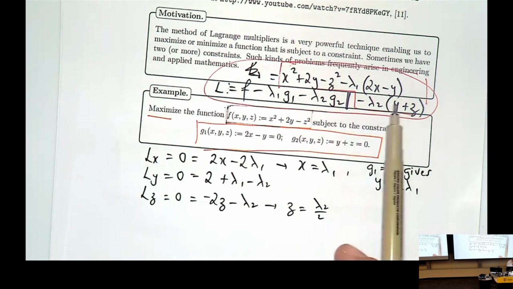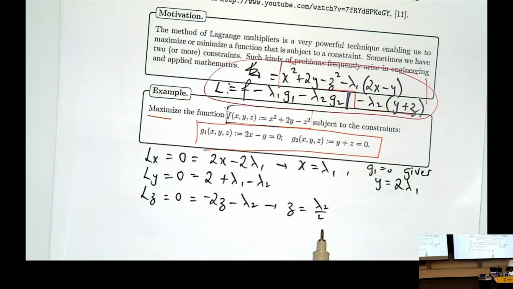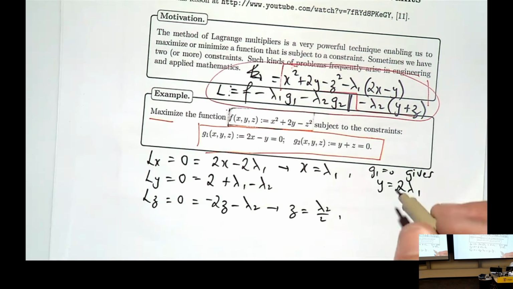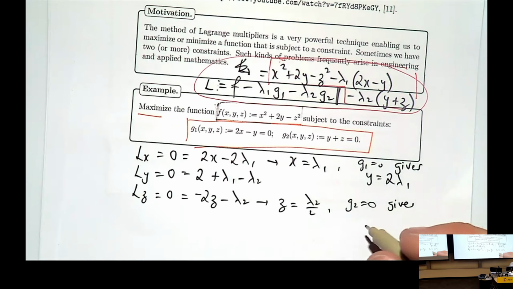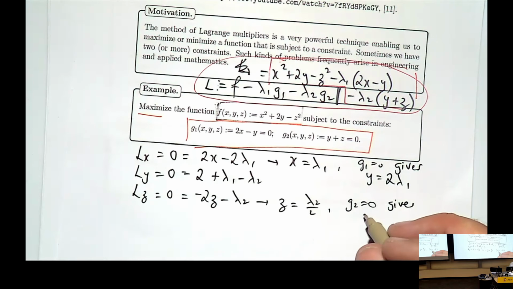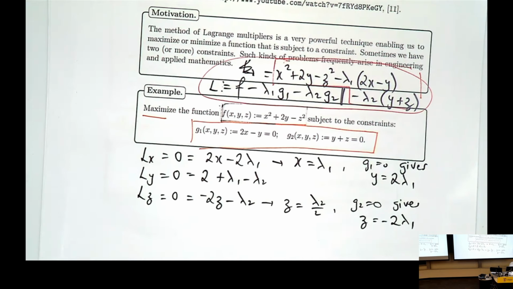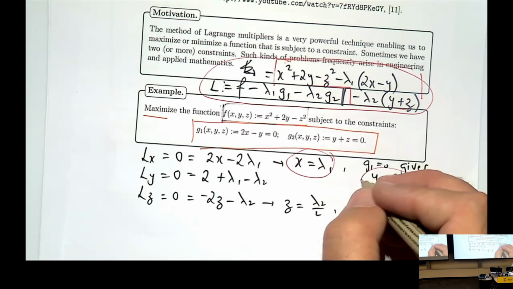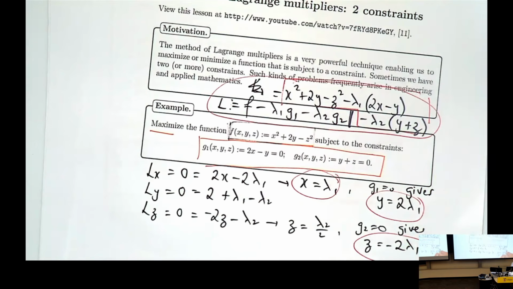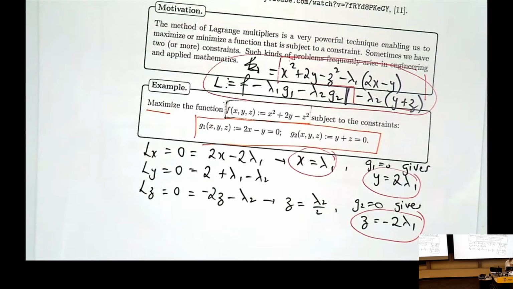Then g2 equals 0, we can basically do the same thing as we did before. So we've got x in terms of lambda 1, y in terms of lambda 1, z in terms of lambda 1.